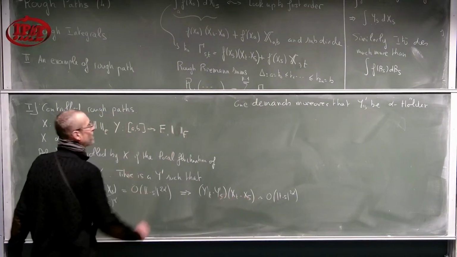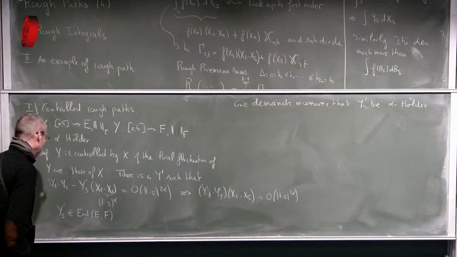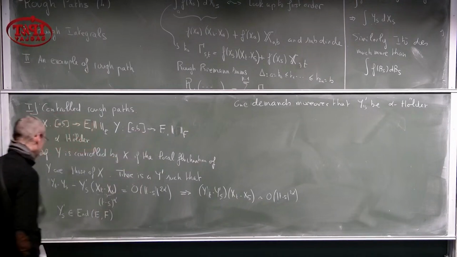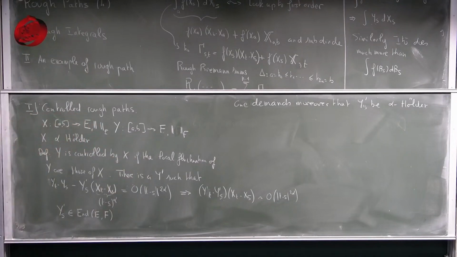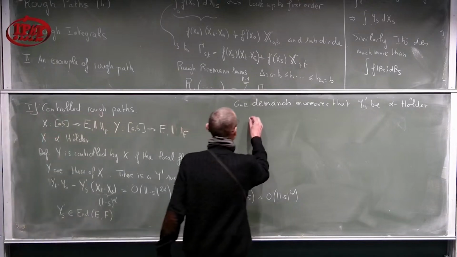But we need some uniformity in things, and so the mathematical definition is that this guy should be an endomorphism, and the dependence on s should be alpha Hölder. Okay. So, right.